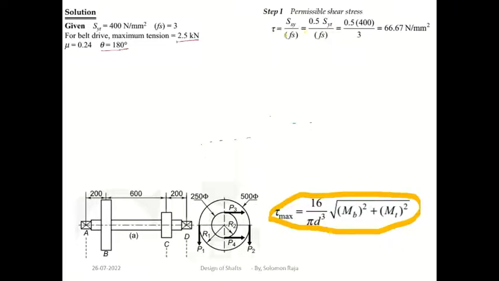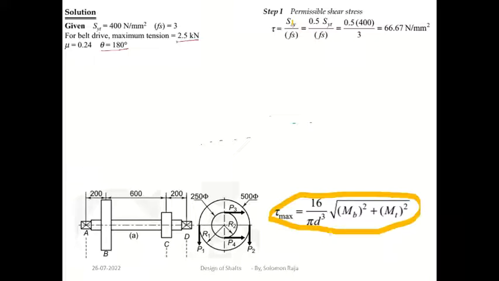Tau equals, okay sorry, Sy means shear stress. Commonly, shear stress will be equal to half of the maximum tensile stress.